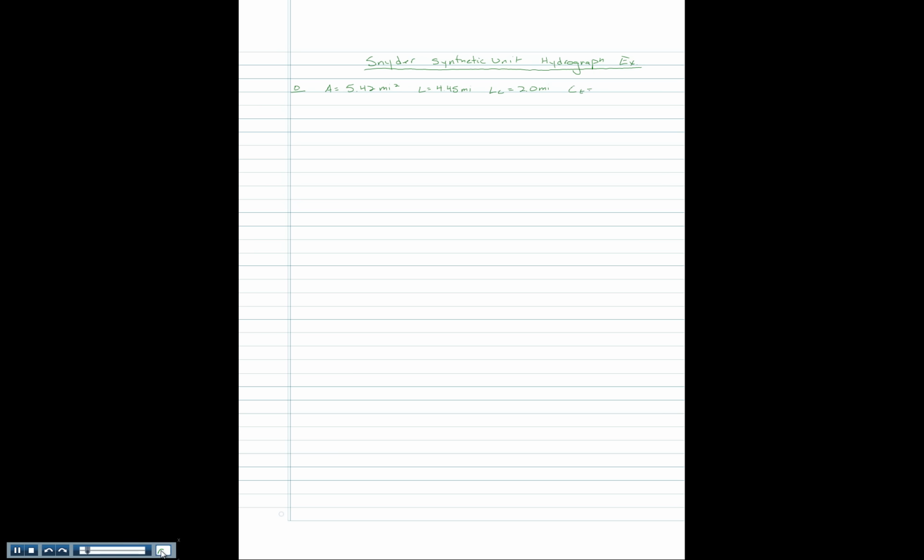C sub T and C sub P are regional factors that can be estimated based on analysis of other watersheds, and the book goes into a little bit more detail of how these regional factors are derived. So, step 0. Step 1 is to first calculate the standard time to peak.